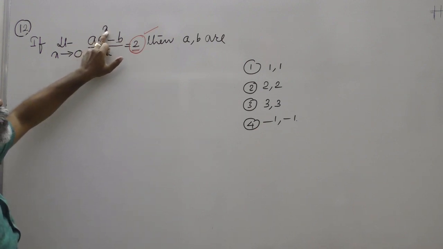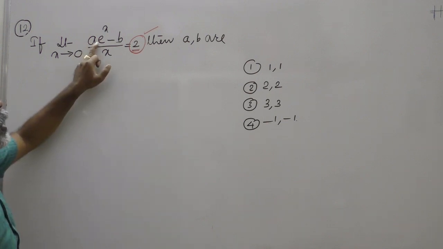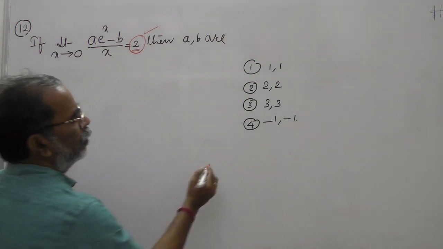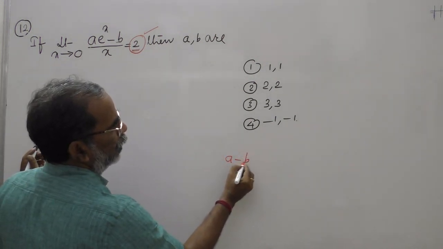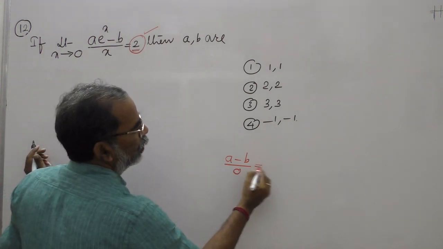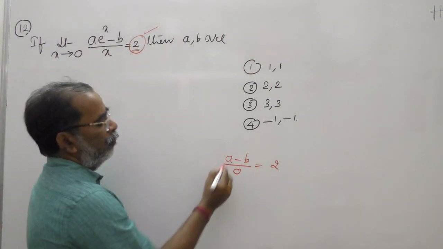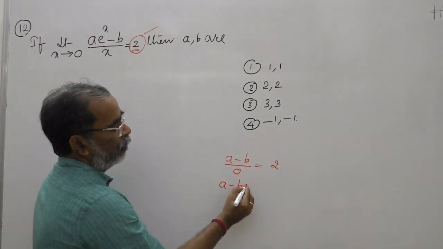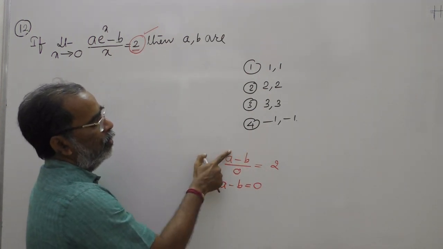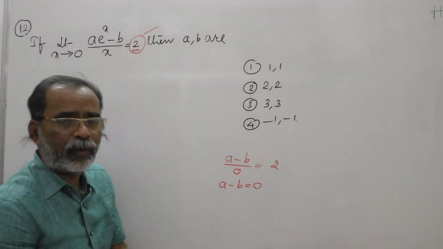If I write x equal to 0, e power 0 is 1. That means a into 1, a minus b. By writing the limit, numerator is a minus b, denominator is 0, and limit value is given to be 2. When is this possible? When a minus b is equal to 0. If numerator is also 0, 0 by 0 indeterminate, you can proceed.